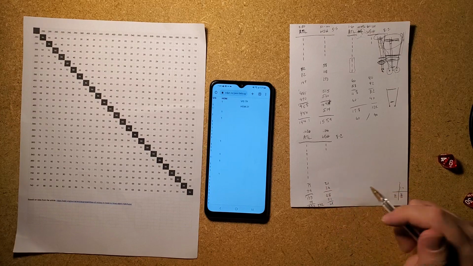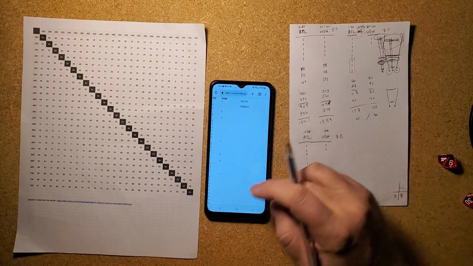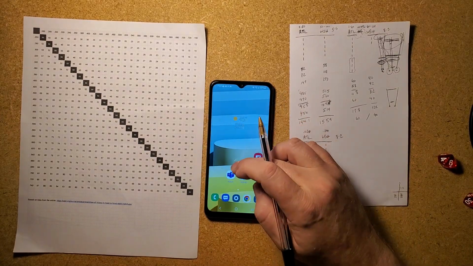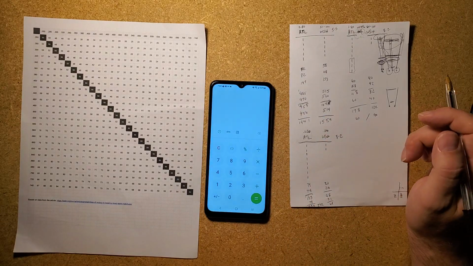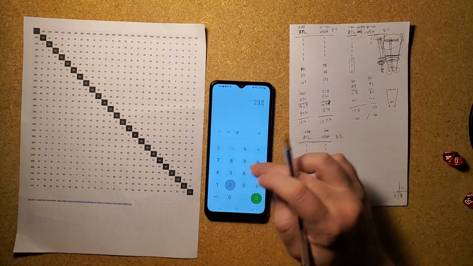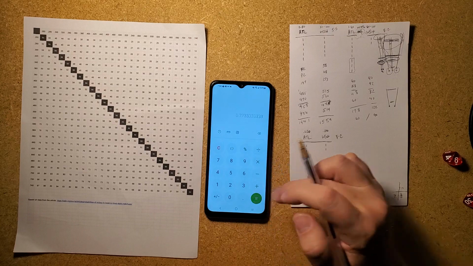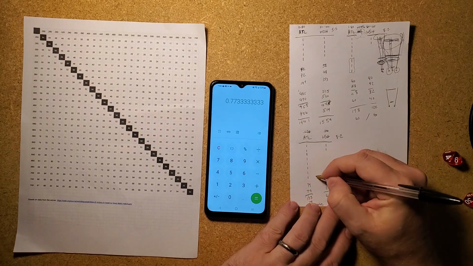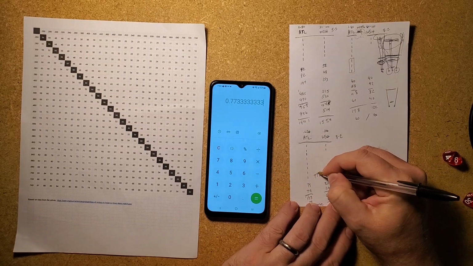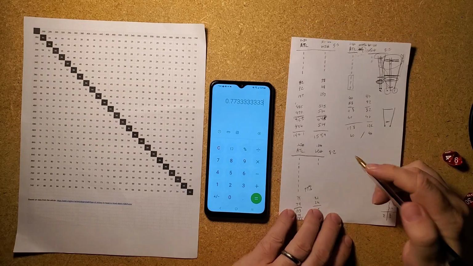So we played 300 games, and we'll do 232 divided by 300. That gives them a 77% winning percentage over Washington.